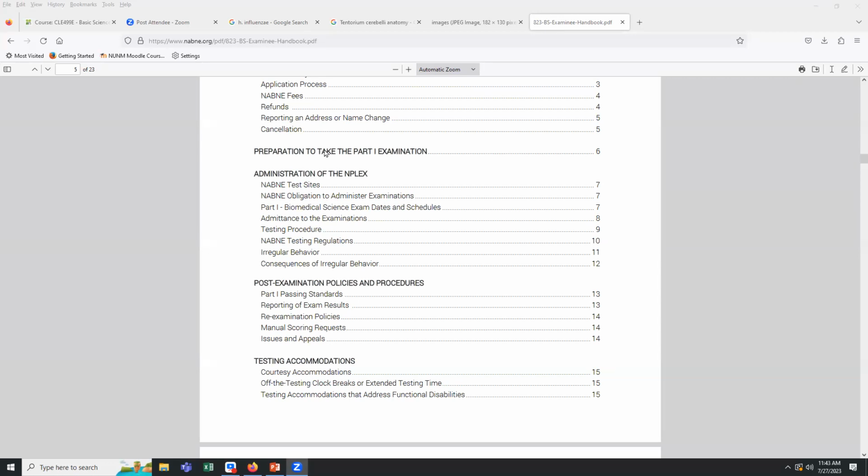How many grads do you have nationally? 400 maybe or less? I don't know. 200 maybe? 300? Not a lot. Statistically, they don't purposely fail people.